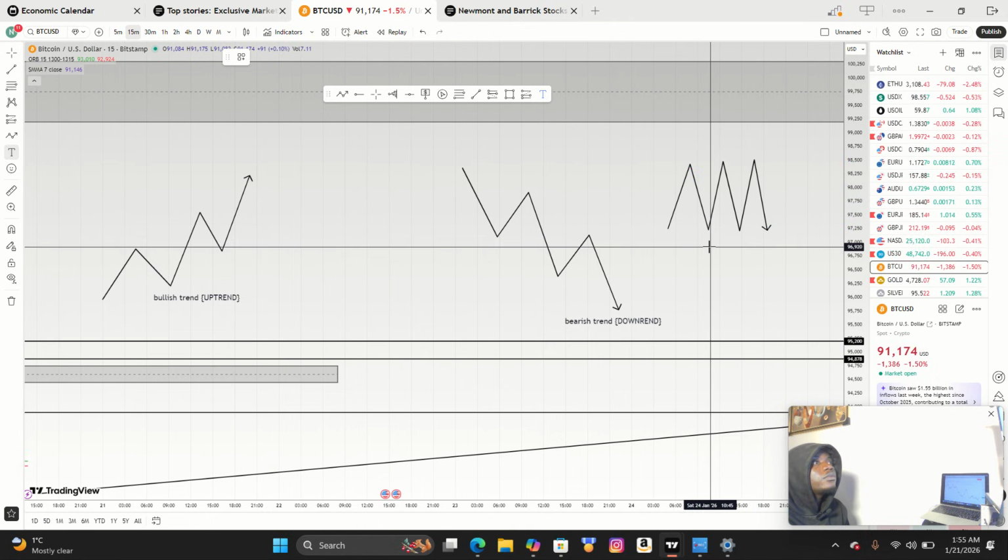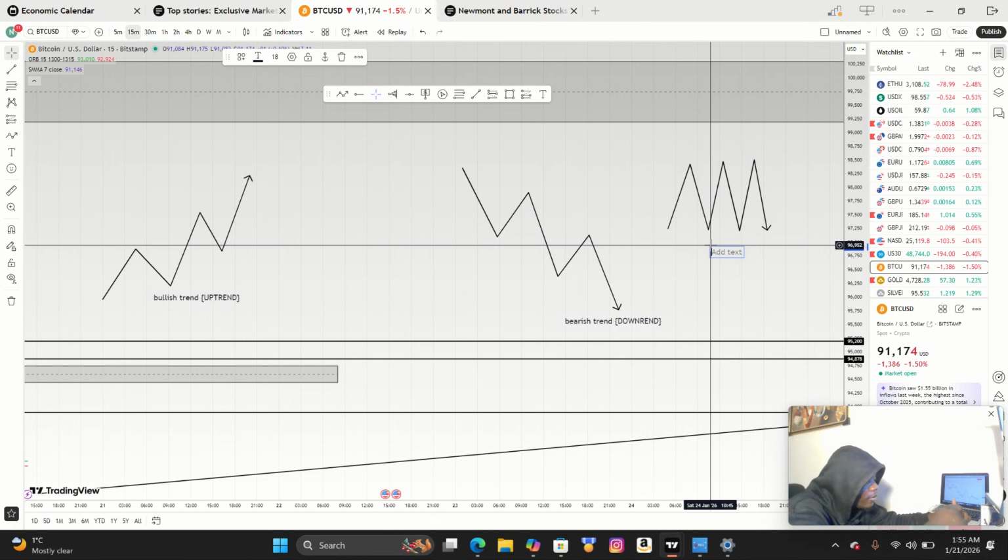What ranging actually means is just that the market is moving in a range, with no specific direction. That is what the ranging market means.